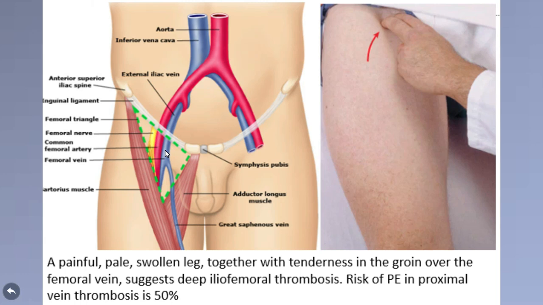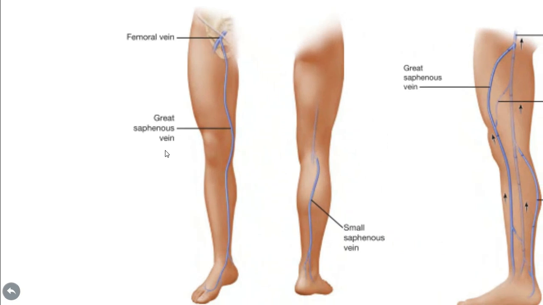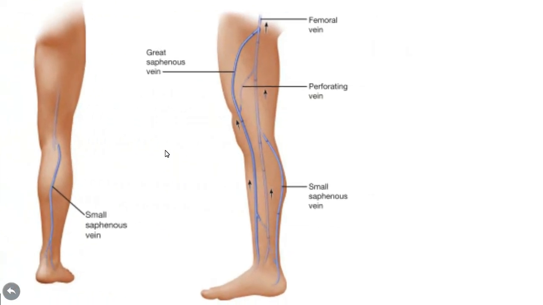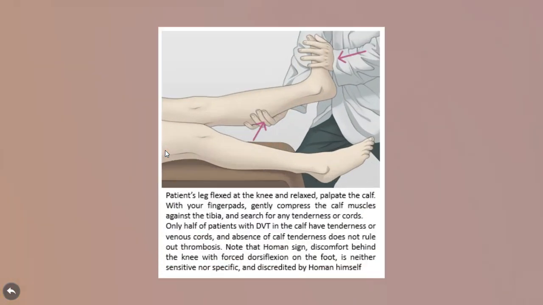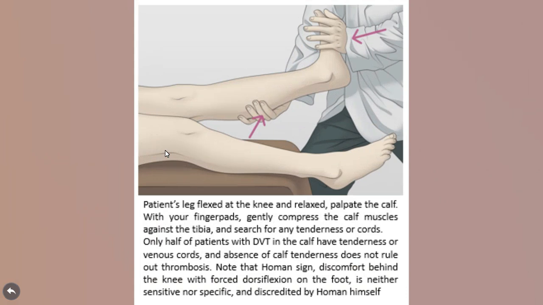We think of proximal vein thrombosis. If you consider deep vein thrombosis, you can do the Homans sign by having the patient flex the leg at the knee, relax, and palpate the calf. If there is tenderness, you consider DVT.